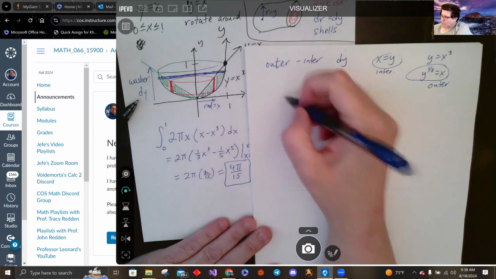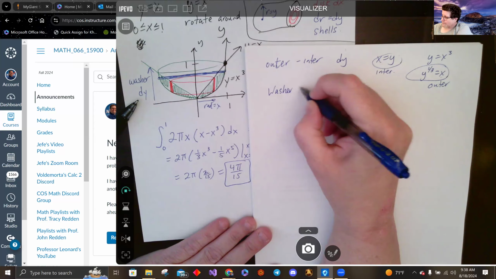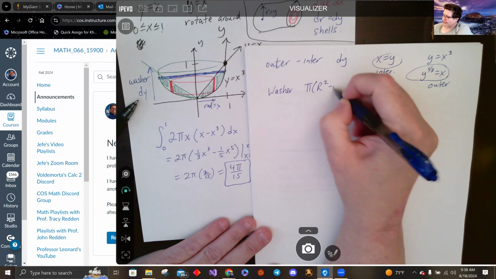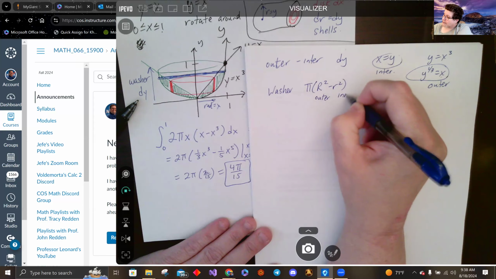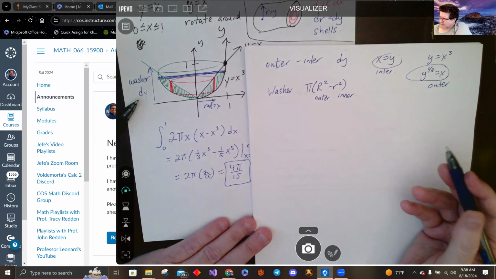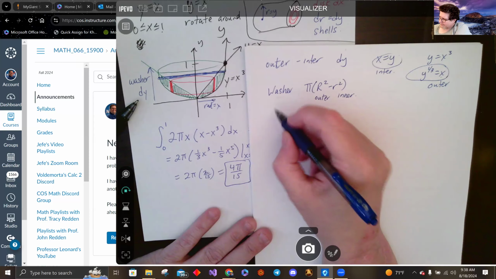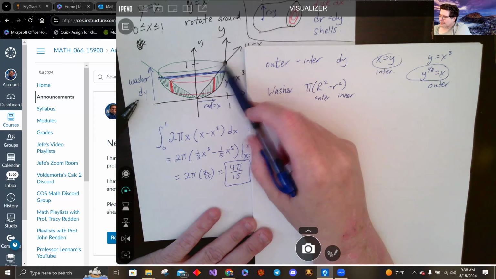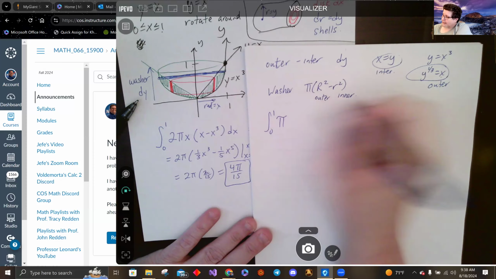So remember when we had a washer, the washer is pi times outer squared minus inner squared. And we're going from 0 to 1 because it's got the same boundaries, by coincidence, because just the functions, it ends up being 0 to 1. We've got pi.